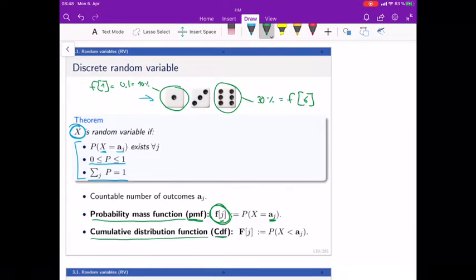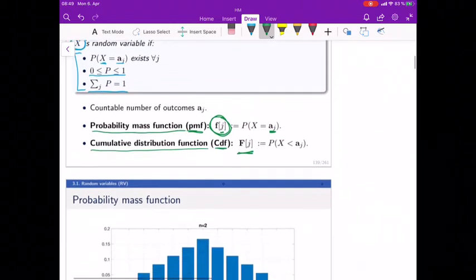The cumulative one is the capital F of j, and that is the summed up probabilities for all outcomes smaller than x. You probably remember, we'll see that graphically in a minute. Okay, so let's look at this.